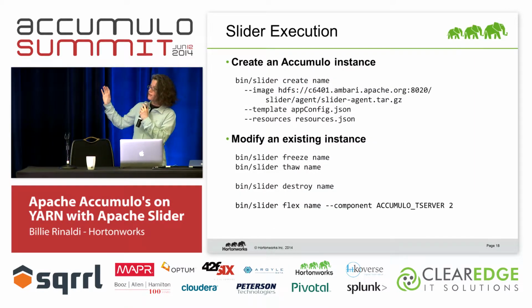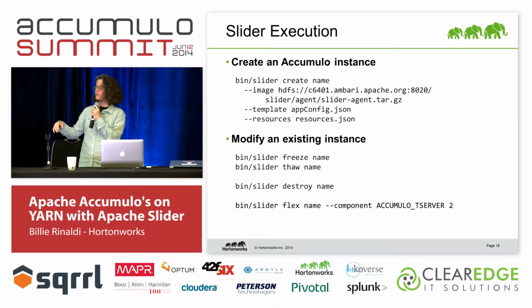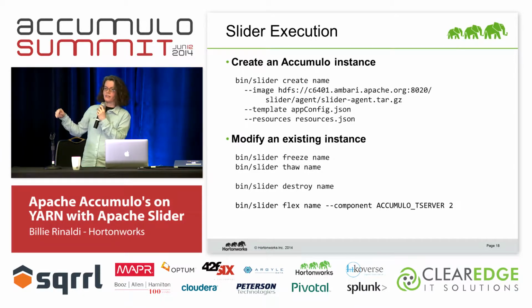So once you have that all set up, to create an Accumulo instance, you just do Slider create and an instance name. This is not the Accumulo instance name. It's a Slider application instance name. You have to give it the location of the tarball and then an app config and resources JSON file, like the ones I showed you a little while ago.